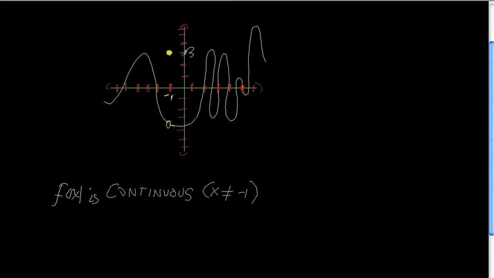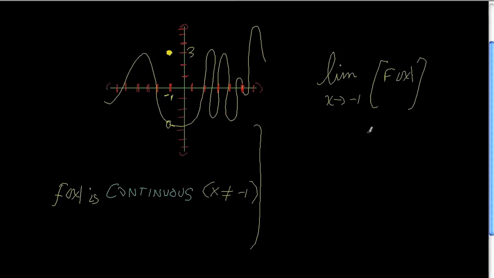So in this case, I ask you to find the limit as x approaches -1 of f of x, or of this function. Now again, we're going to use sided limits from the right hand side and the left hand side. From the positive direction, you can clearly see that the function is going on, and it seems as if it's somewhere near this place, right?